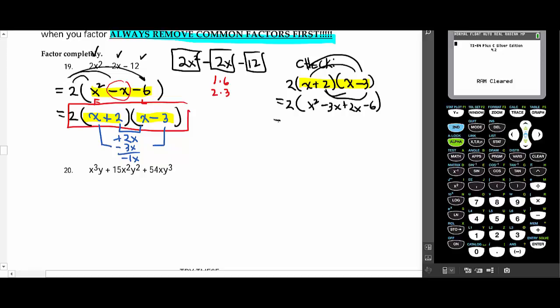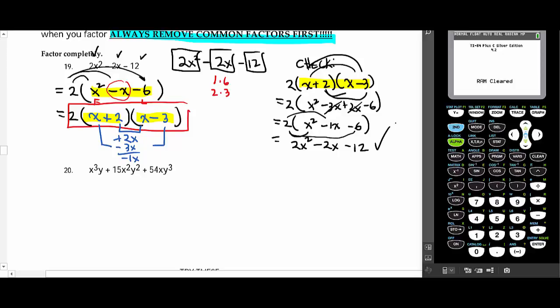So this is 2 times x squared, and see those like terms, negative 3 plus 2 is negative 1x. And then we multiply everything by 2, and it should take us back to where we began. So I'd have 2x squared, 2 times negative 1 is negative 2x, and then 2 times negative 6 is negative 12. That's what we did. See what I mean?